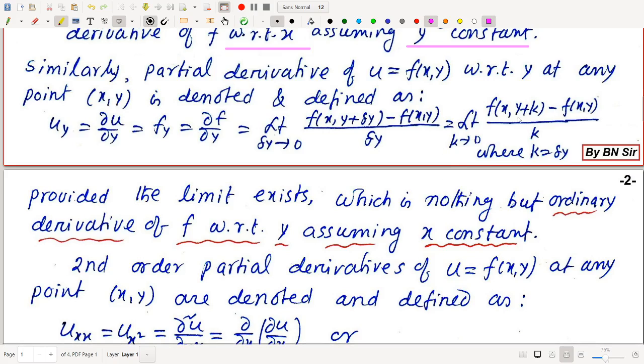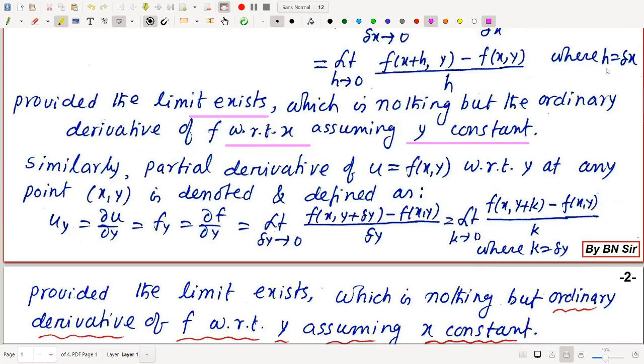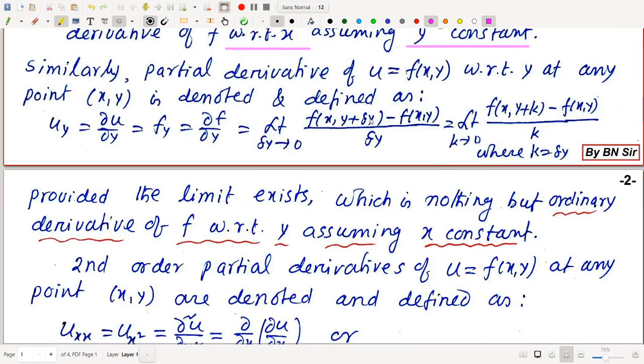Or it is f of x comma y plus k minus f of x, y by k, k tends to 0, where k means delta y, the change in y. H we generally write for delta x, the change in x. Here k is the change in y. So what we see is that here x remains the same, y changes, y plus k here and y there, new value minus old value, but changes with respect to y only.